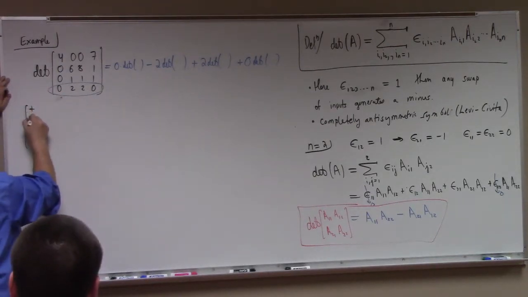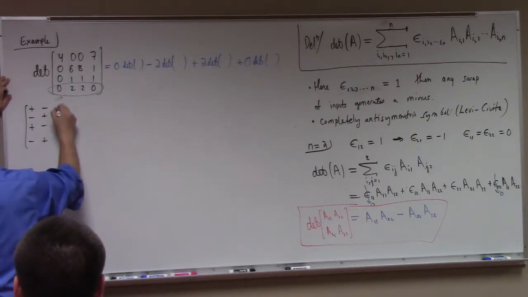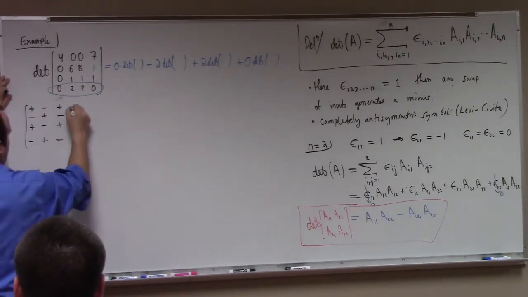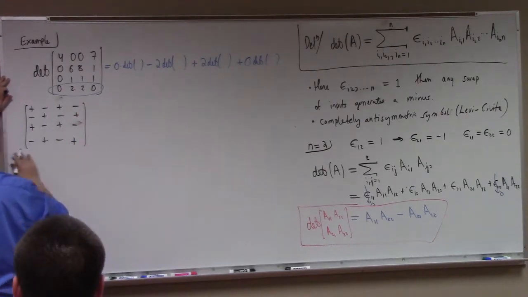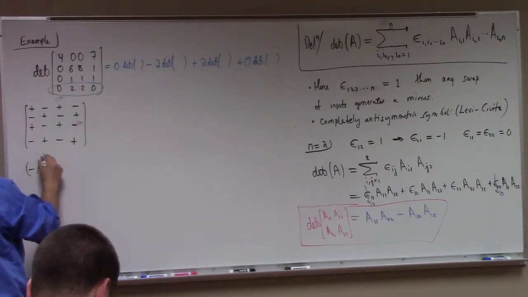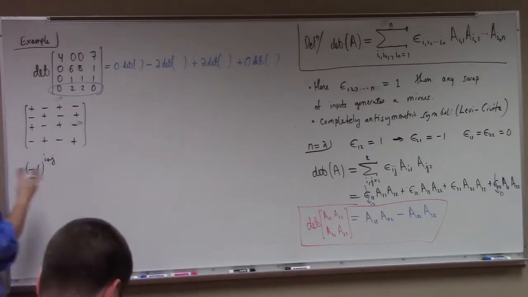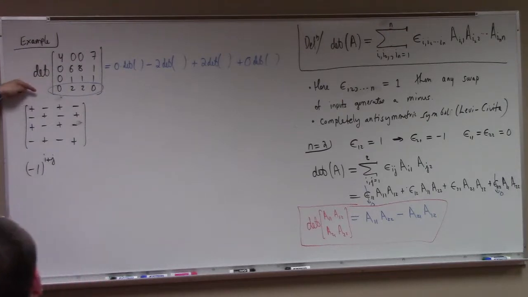It goes like this: plus, minus, plus, minus, and alternating. So you can, in other words, put minus 1 to the i plus j as the sign for the Laplace expansion. And so I'm wrong as it stands, because in the 4th row, we end up starting with, how's it go?